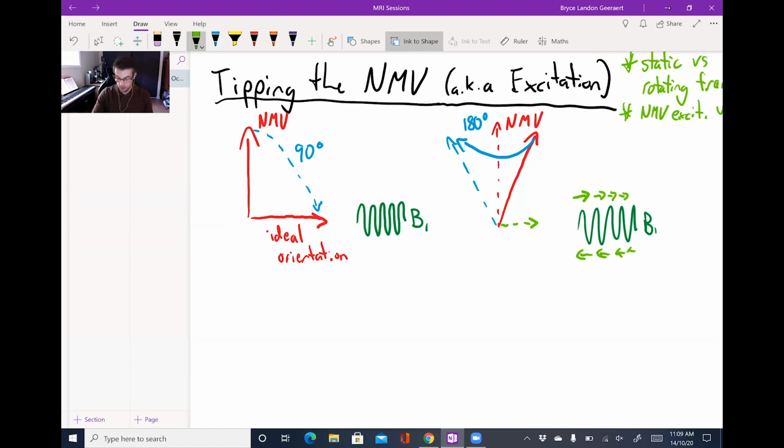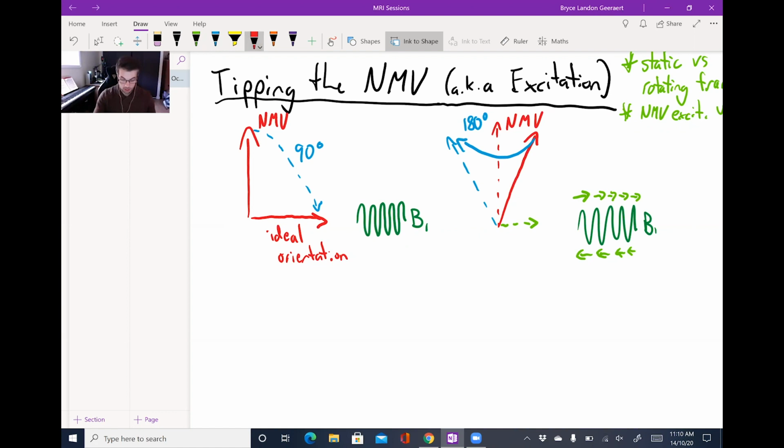So if anyone ever asks you what the resonance means in magnetic resonance imaging, this is what it's referring to. It's referring to applying the B1 field at the resonant frequency of the NMV, and we know that resonant frequency all the time because of the Larmor frequency, which I touched on before.